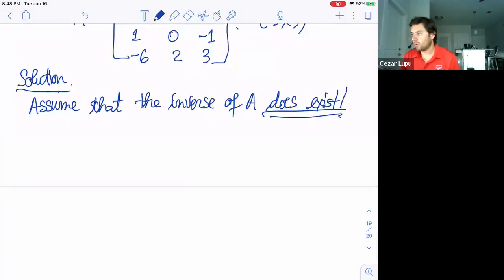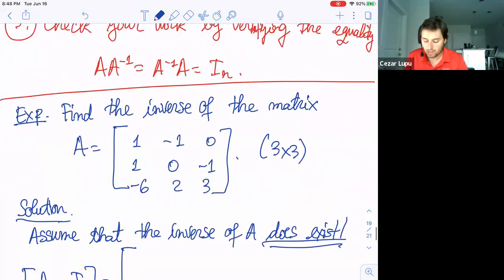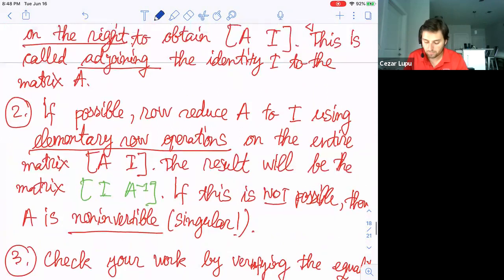All right. So assuming that, let's adjoin the identity matrix to the matrix A. So we'll have A, the identity. This is going to be a big matrix. It will be a 3 by 6, right? Because we said here, you should check.